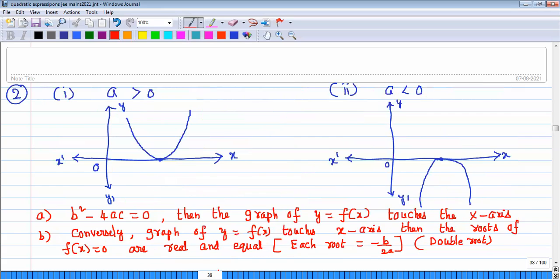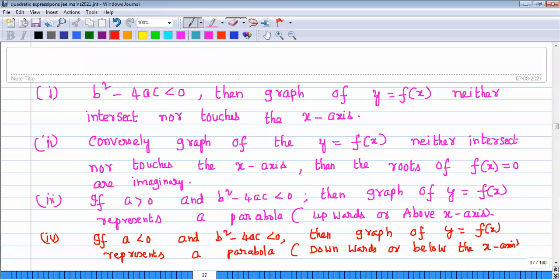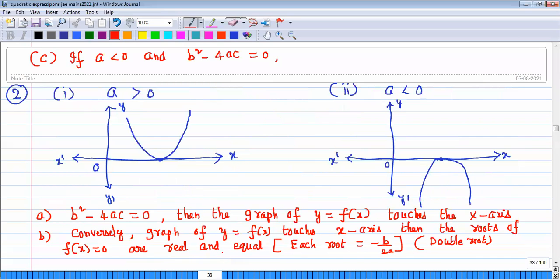Okay. So now let us add here points. If a less than 0, and b square minus 4ac equal to 0, right? The roots already written.